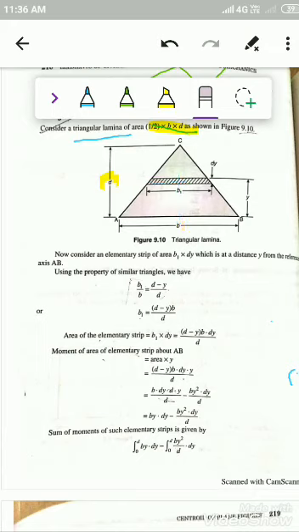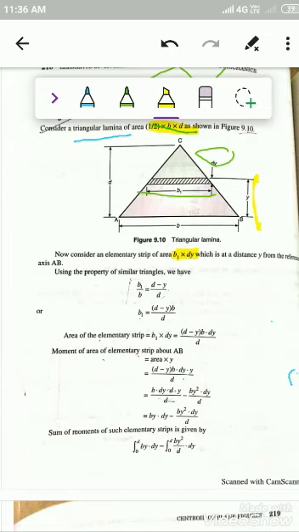As in the previous case, consider an elementary strip having base b1 and thickness dy. Therefore the elementary strip area is b1 into dy, situated at a distance of y from the reference axis.